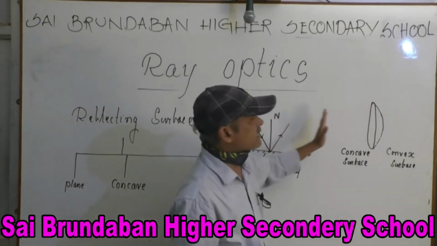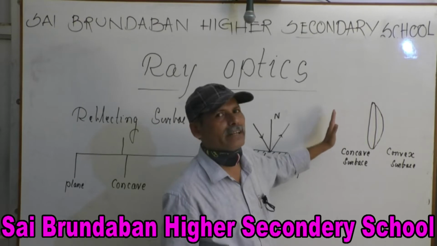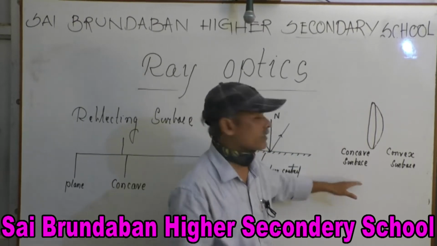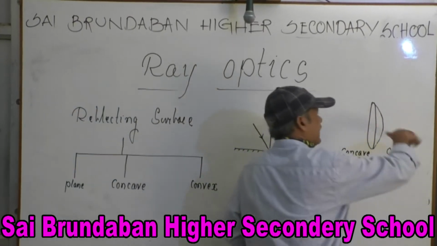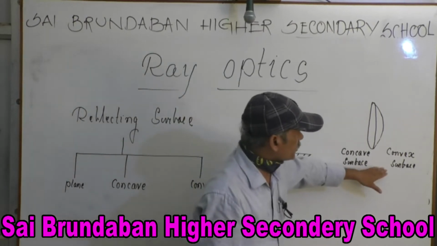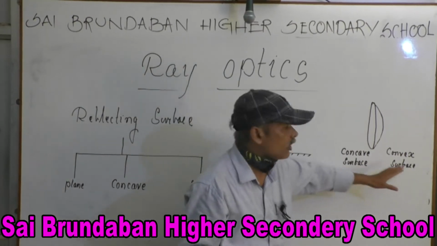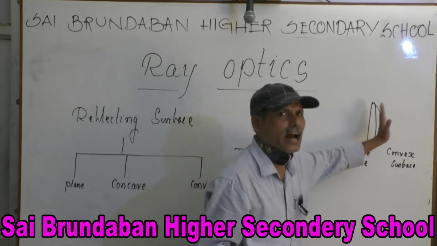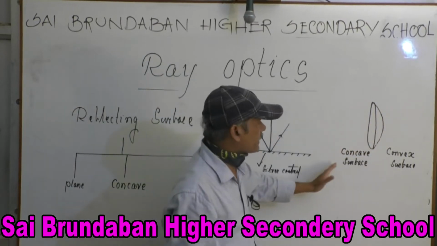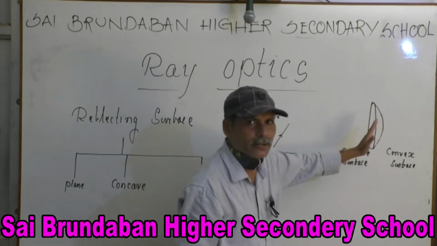So from this side there is a surface, it is called concave surface. From this side there is another surface, you can say this is convex surface. Convex surface bulged out while concave surface depressed in.